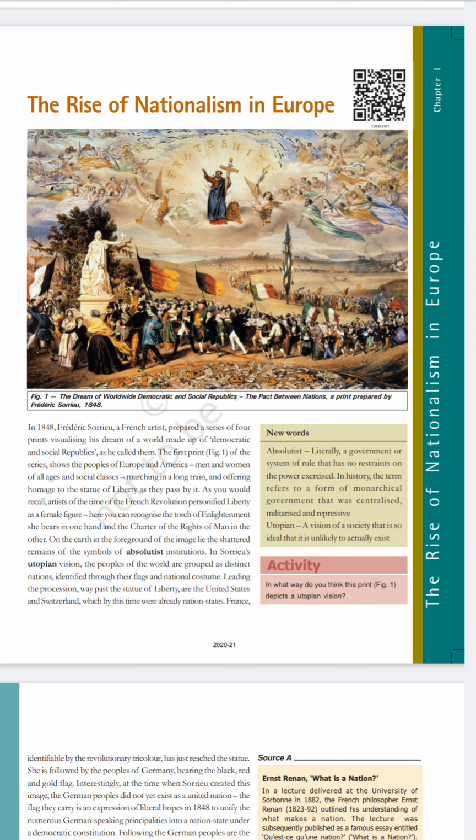At that time, Germany was not a single country. Germany had different small kingdoms, dynasties or principalities under different rulers. So they wanted to unite these small regions into a single country and form the German nation. That is why he depicted Germany after France at the Statue of Liberty.